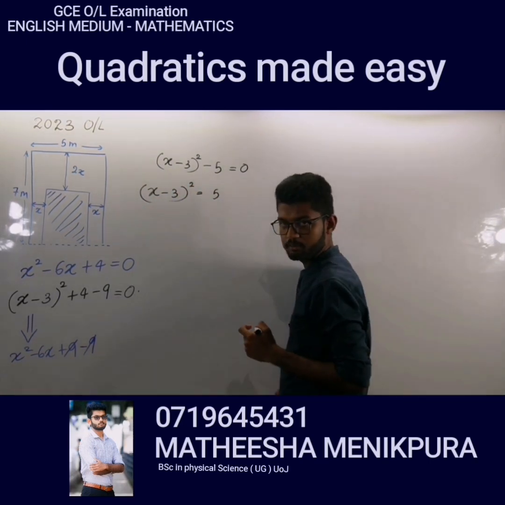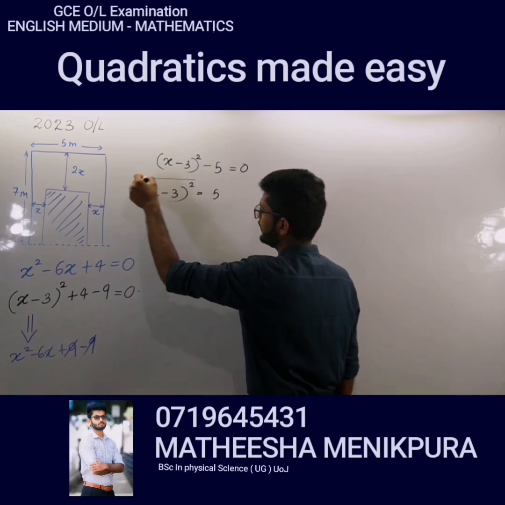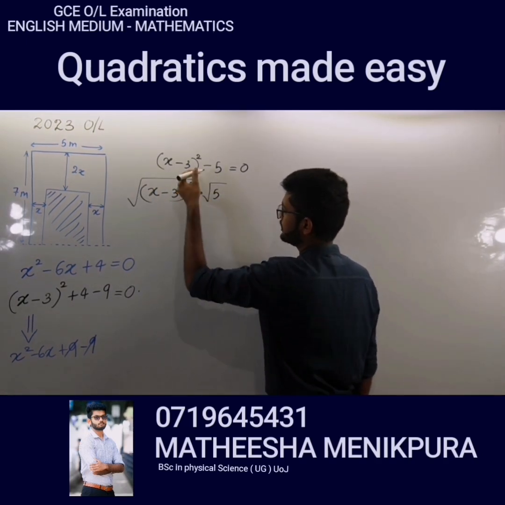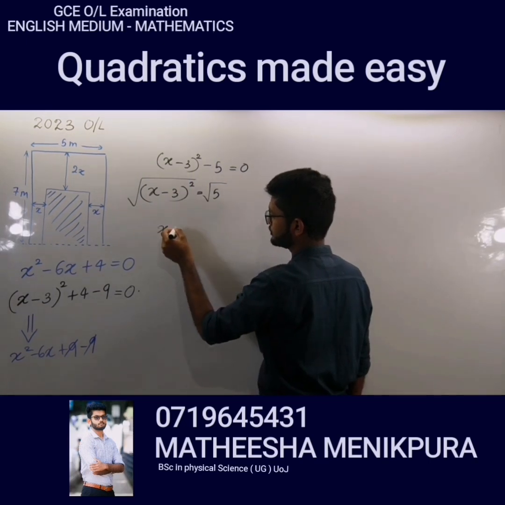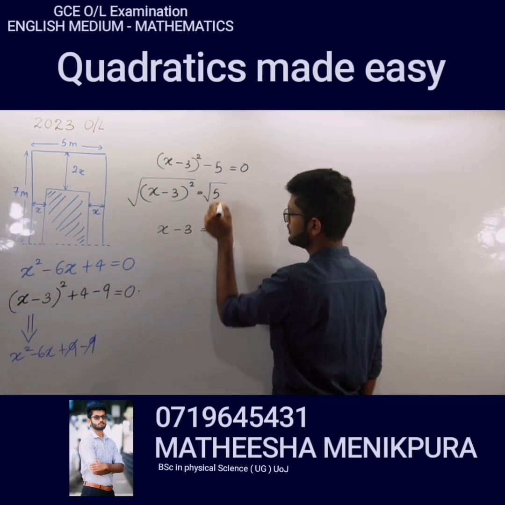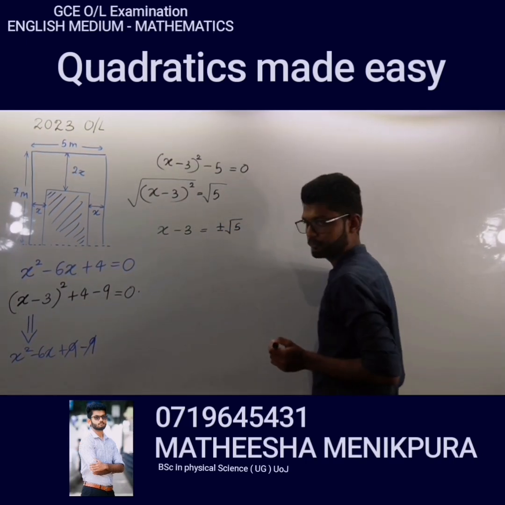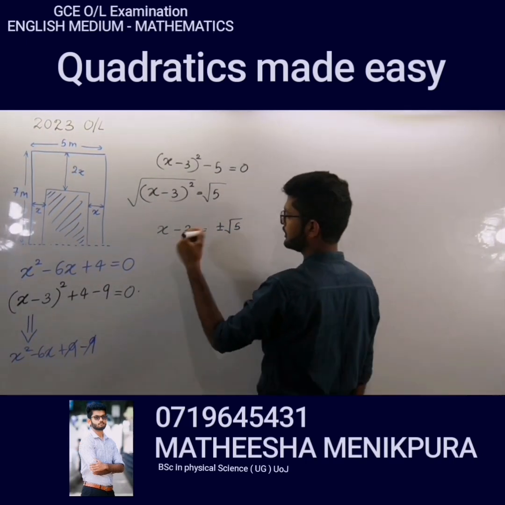Now I have to remove this square. To remove the square, I'll take the square root of both sides. Then the square and the square root cancel. x minus 3 equals plus or minus square root of 5. Then I have to remove this minus 3.